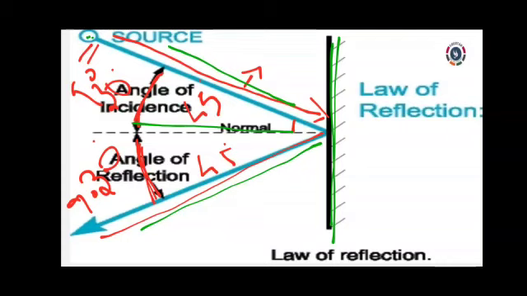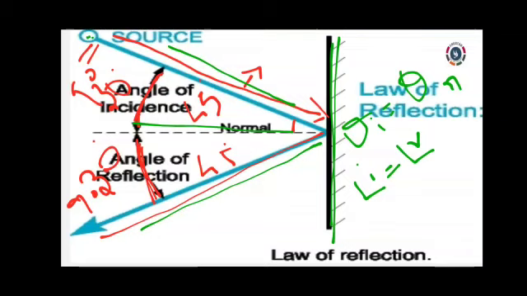So, reflection has two laws. The first law is that the angle of incidence is equal to the angle of reflection, that is, theta I is equal to theta R. And the second law is simple: all three lie on the same plane.